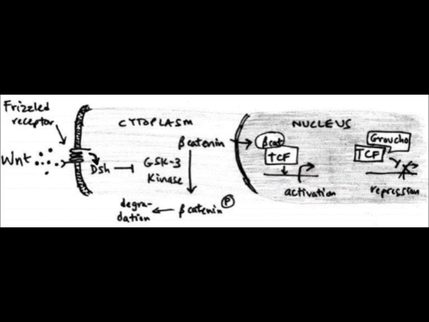That means β-Catenin can enter the nucleus. After β-Catenin has entered the nucleus, it can bind to TCF, and those two form a transcriptional activator. Without β-Catenin in the nucleus, Groucho binds to TCF, and that's a transcriptional repressor.